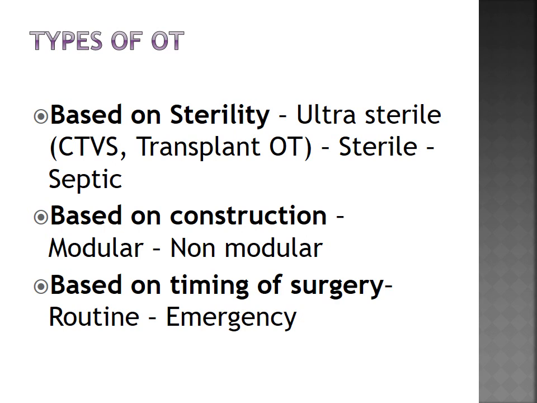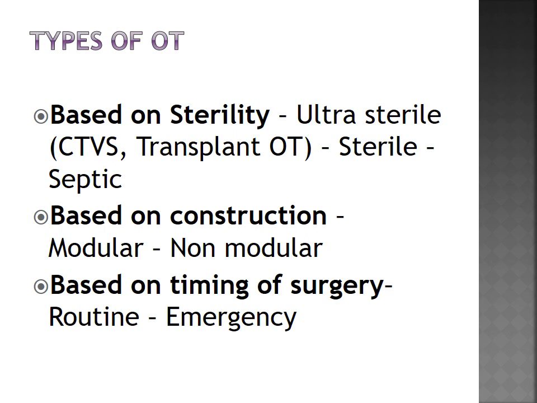Now, coming to the types of operation theatre, it can be classified based on sterility as ultra-sterile, sterile, aseptic. So this is how we can classify it. You'll be learning about this in the following slides again, which you can also call zoning. Okay, like how you can demarcate the operation theatre area as clean, protected, sterile, and extra sterile.